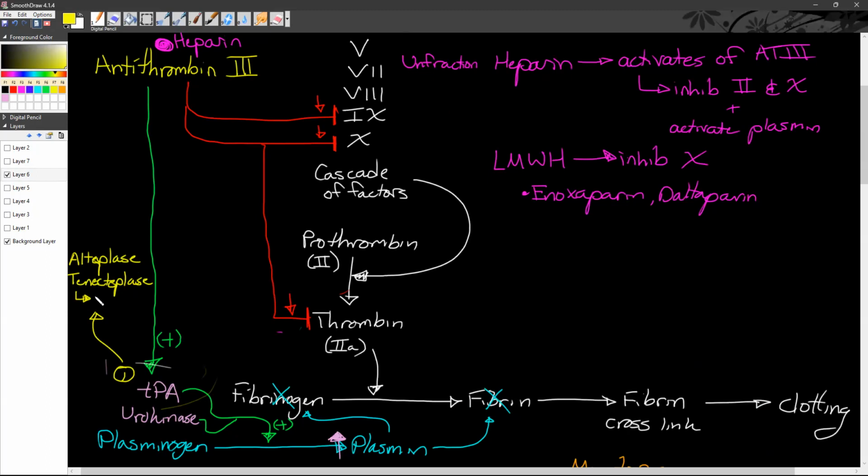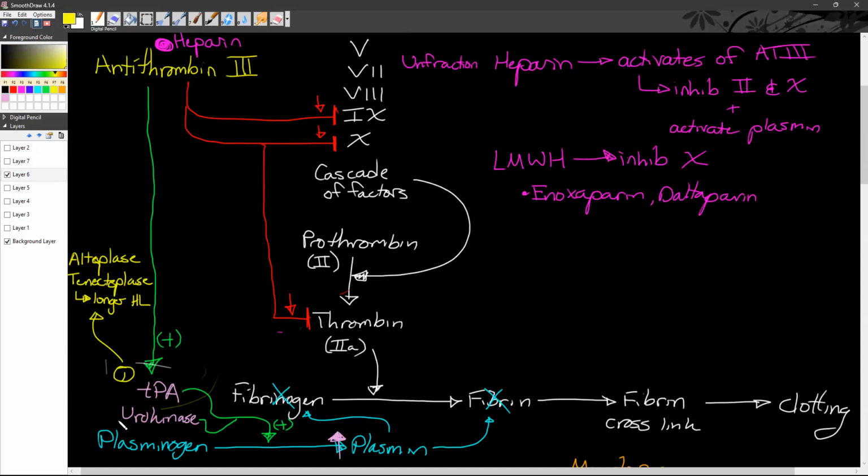Tenecteplase has a longer half-life. That's really the only difference. Oh, Retivase. Yeah, that's it. Retivase. So the first kind of thrombolytics that we have are the TPA.